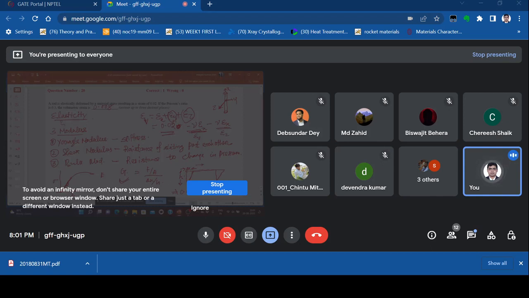You can expect always 1-2 questions from this section. The volumetric strain, Poisson's ratio, those concepts should be clear. And also there are some important relations you should remember. Like what is the relation between Young's modulus and bulk modulus? I'll write it here.